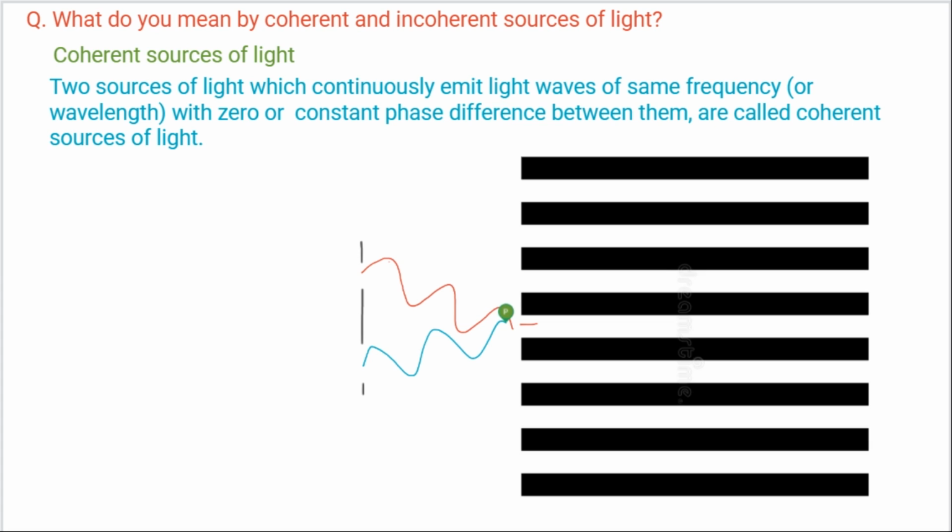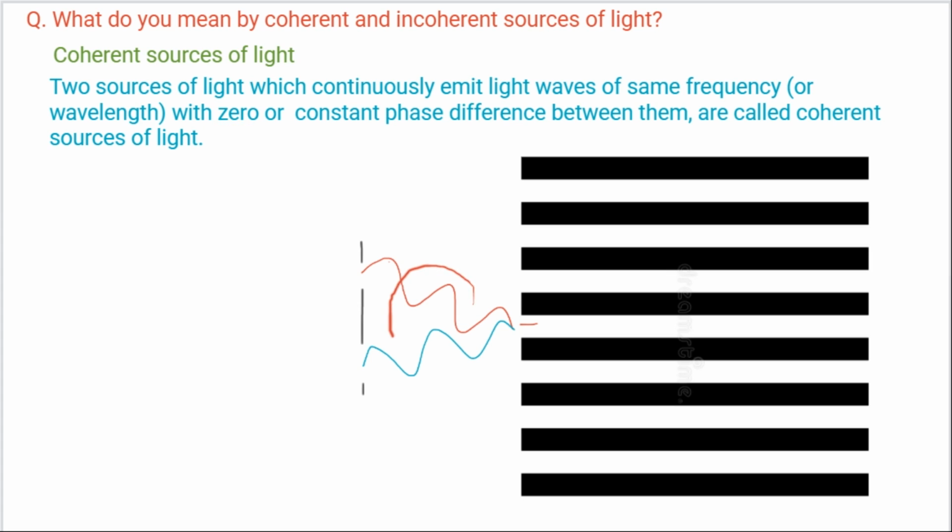These two light waves have the same frequency, or I can also say they have the same wavelength. Suppose 1, 2, 3 wavelengths here, and here also 1, 2, 3 wavelengths. In such a case, there is no phase difference. That means the phase difference is 0.